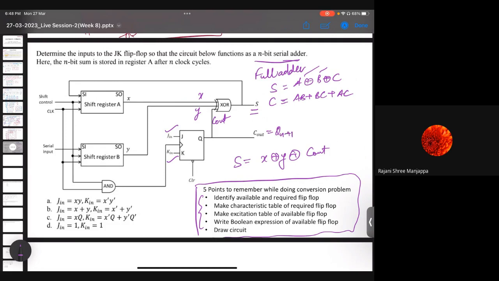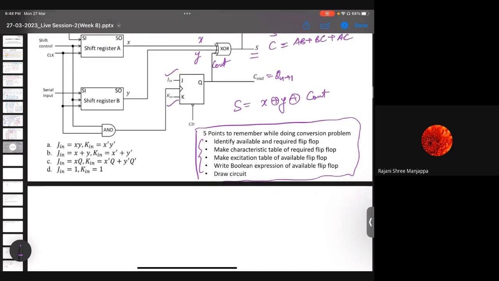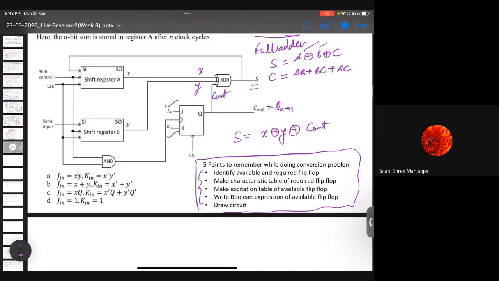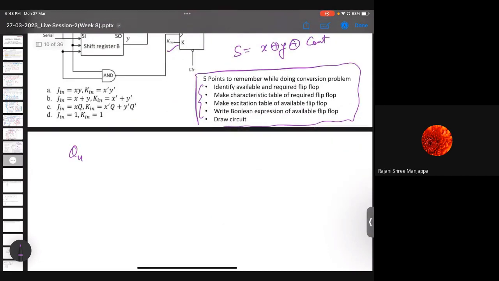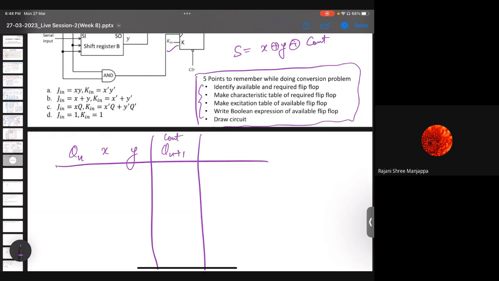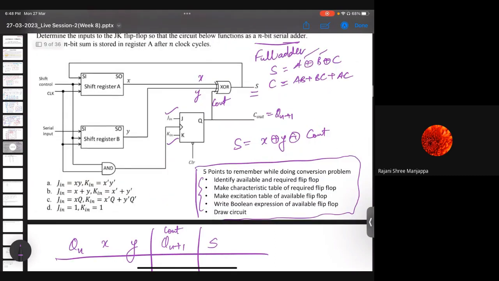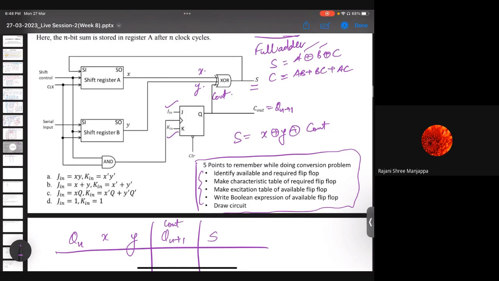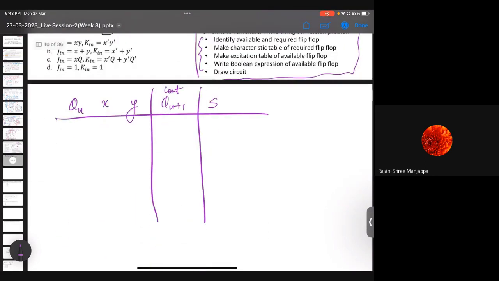We don't really need anything else, so I'll write all the possible combinations. If I write Q and X and Y, then Qn plus 1 will be nothing but C out and sum. Sum is nothing but X XOR Y XOR C out, and this C out is nothing but Qn plus 1. So I'll write all the possible combinations now.